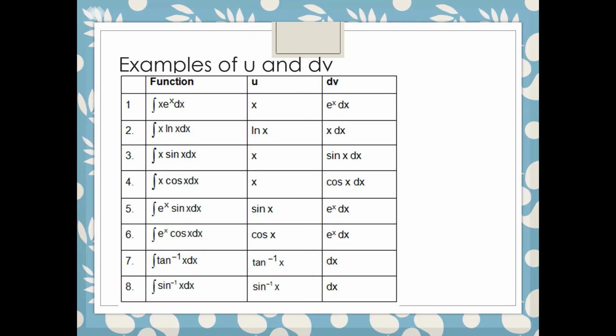Therefore, u is equal to arctan x and dv is equal to dx for the seventh integral. And for the last integral, u is equal to arcsin x and dv is equal to dx.